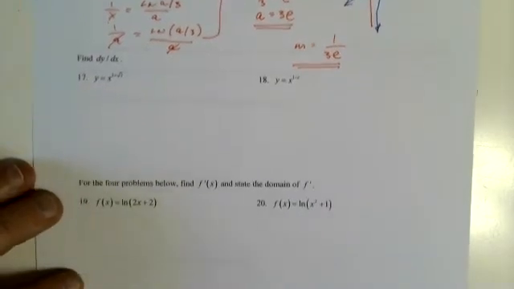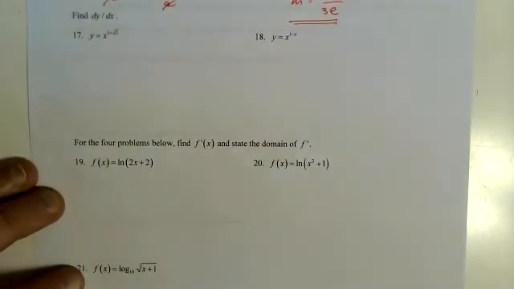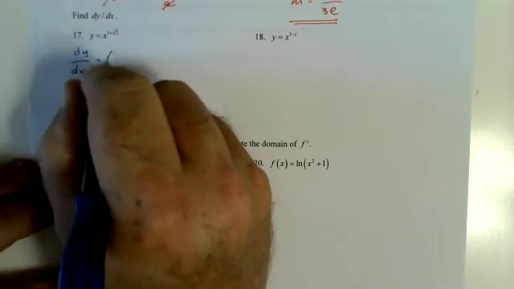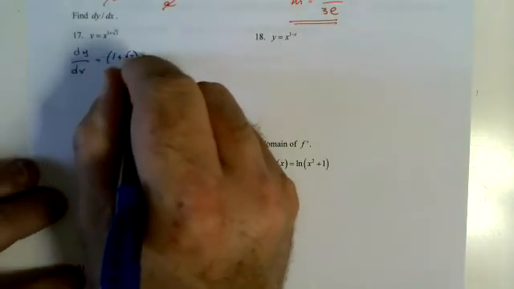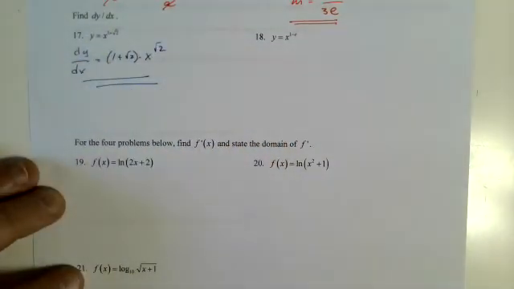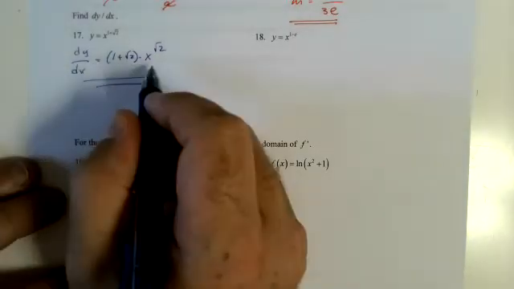Test question. dy/dx equals 1 plus root 2 times x to the this minus 1 root 2. I feel like I've made a mistake. Nope, that's it.